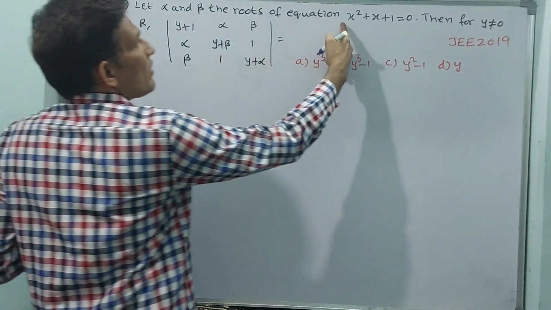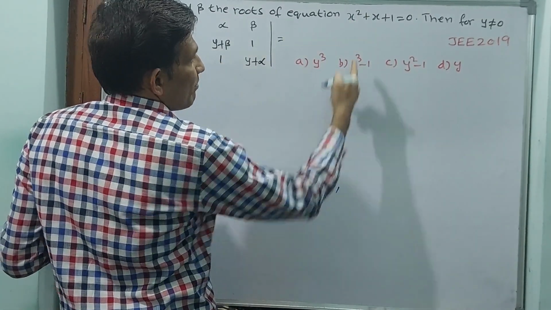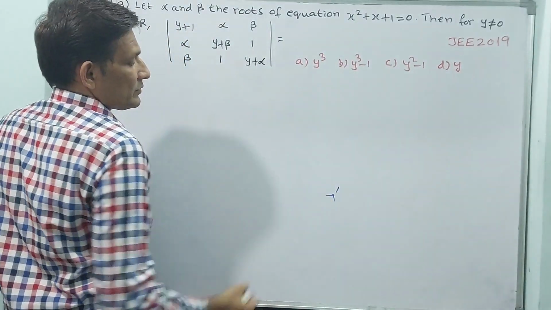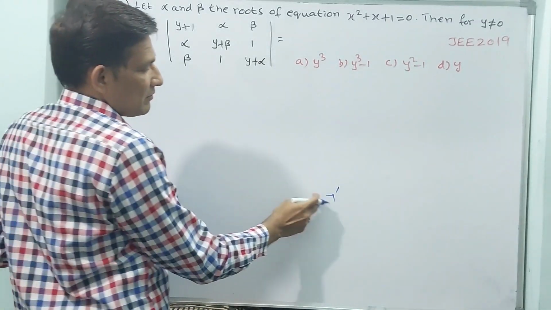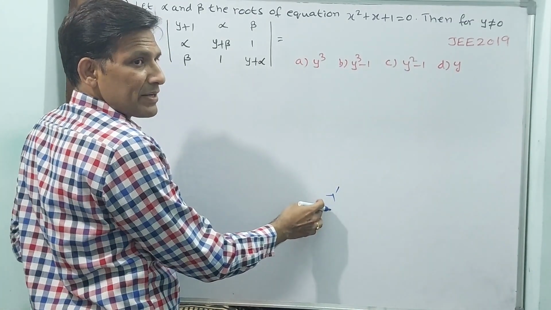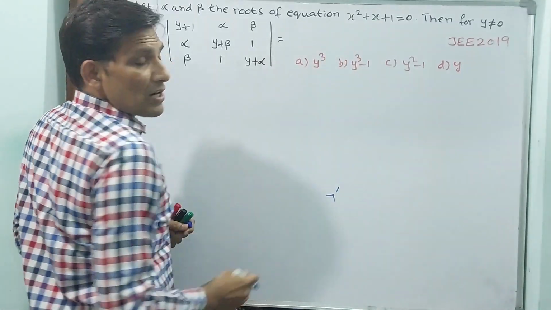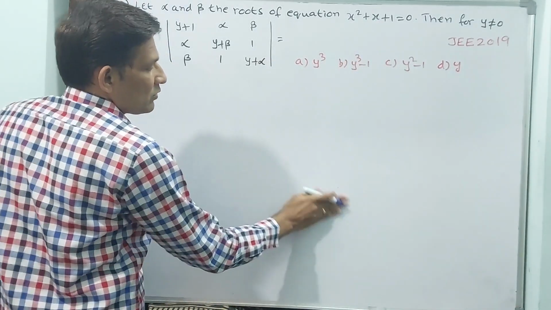See, 1 into 1 is 1, but again 1 has to come. If we add or subtract, 1 plus 1 or minus 2 will come, 1 is not going to come. Then what you have to do?